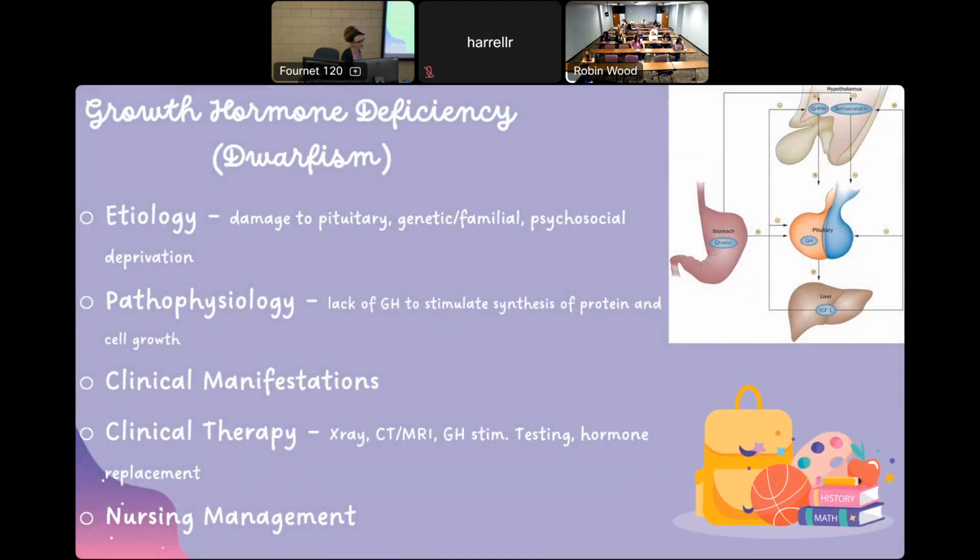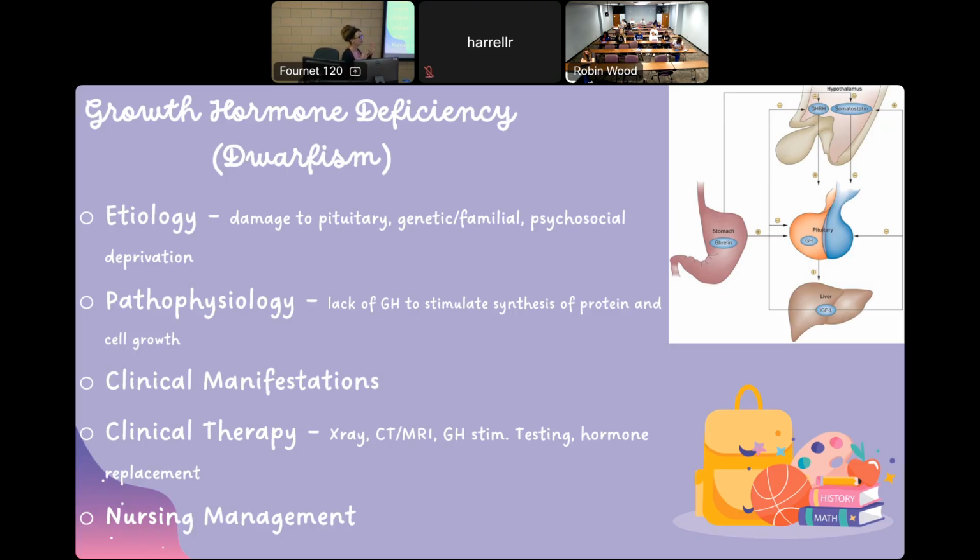Okay, growth hormone deficiency. Our etiology here has lots of different possibilities. It can be damage to the pituitary. Like I said, if you've got shaken baby syndrome, a kid who had massive head trauma, things like that. Or we had a little nugget yesterday in clinical who had lots of brain abnormalities.